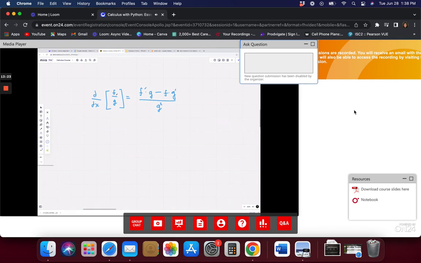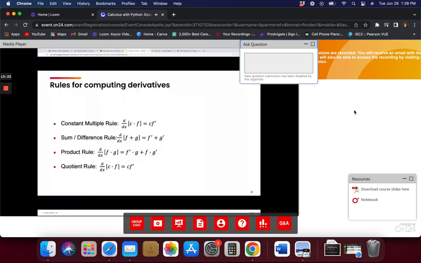This is derived from the definition of a derivative that we saw before. We're not going to go through that in this course. So that's what we mean by the quotient rule.